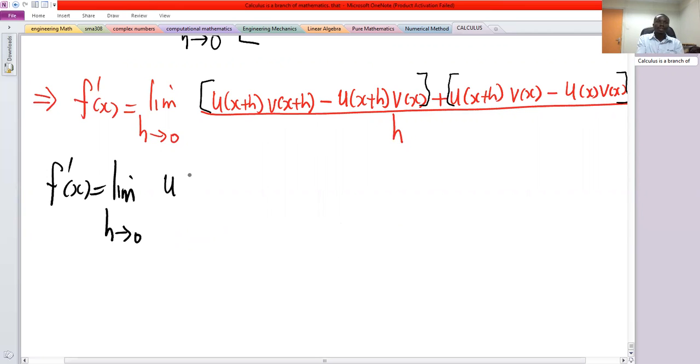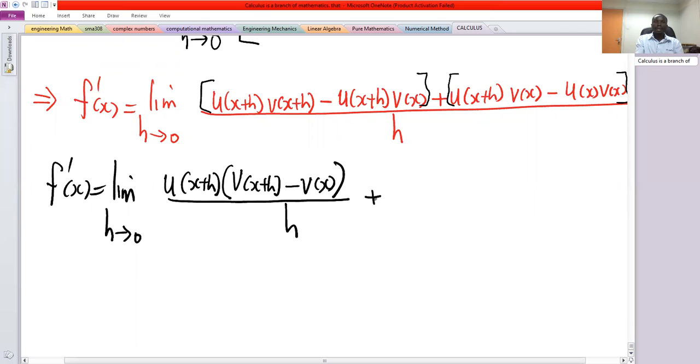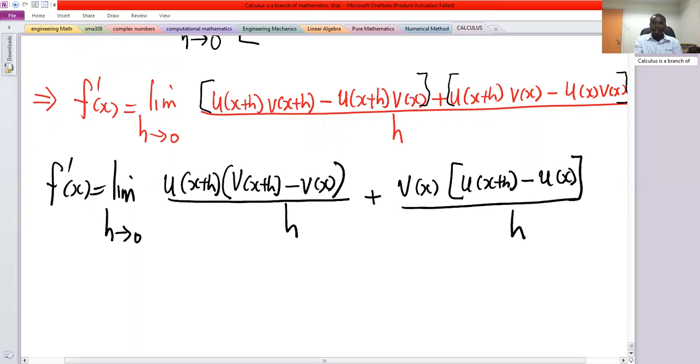So I factor it out: u of x plus h into v of x plus h minus v of x, divided by h, plus, here now, in this product, v of x is common. So I write v of x into u of x plus h minus u of x. And then I divide this one also by h.